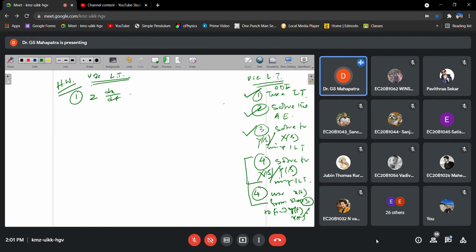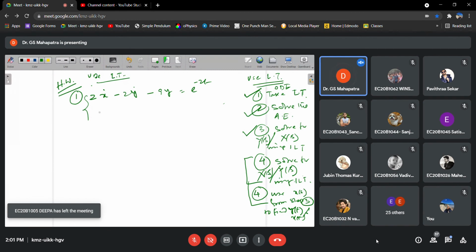First question: 2x dot minus 2y dot minus 9y equals e to the power minus 2t.